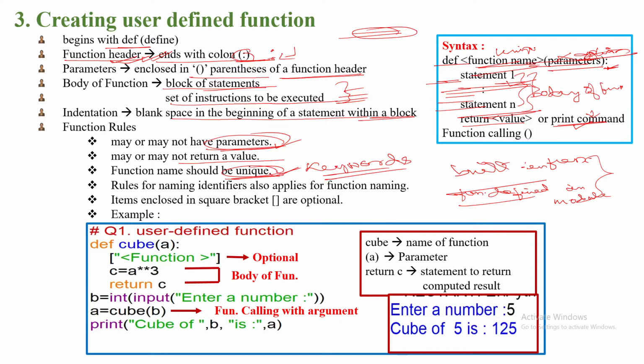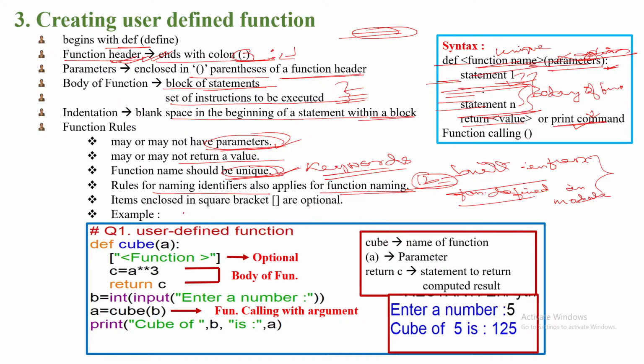Now rules for naming identifiers also apply for function naming. You know the identifier rules: we cannot start with 1 b equal to like this. So you should also follow the identifier naming rules when writing the function name, parameters and arguments.